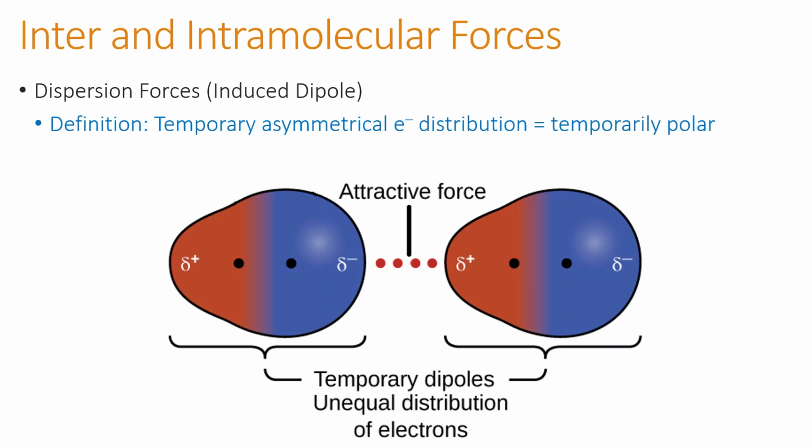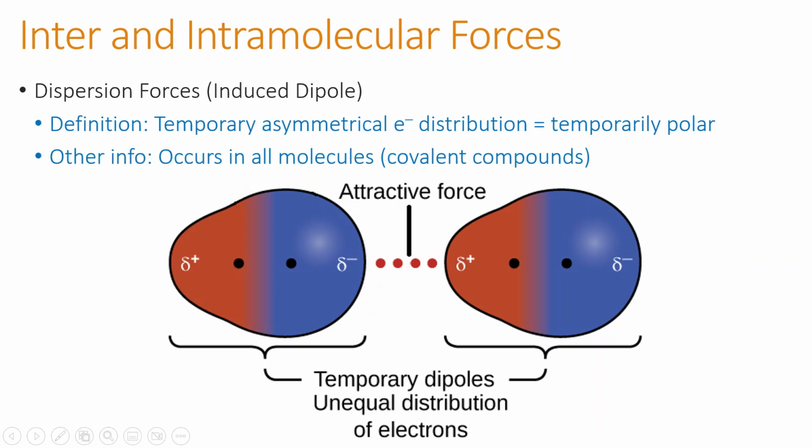So for that brief moment when those electron clouds are skewed, we have this attraction between the molecules. The next second, this attraction might go away. So this is going to be a very weak attractive force. This occurs in all molecules. So anything that is a covalent compound is going to have dispersion forces present.